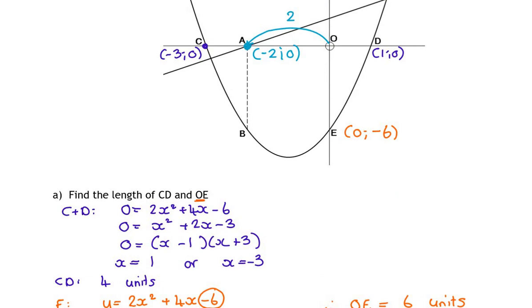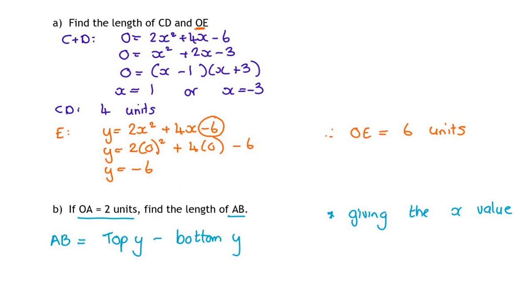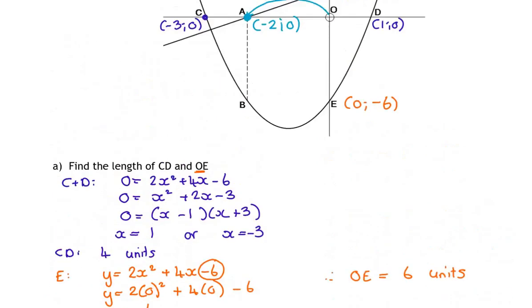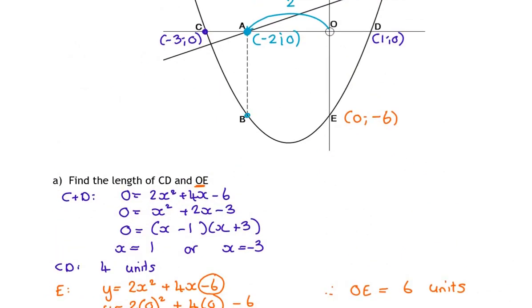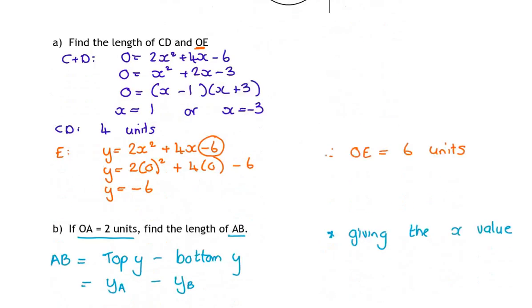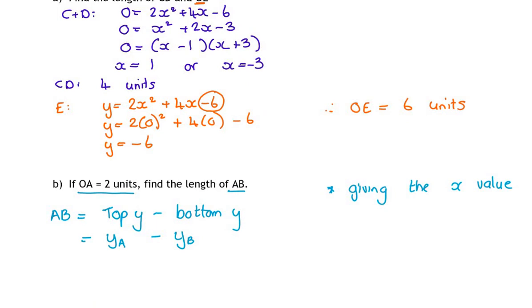A is on top, so it's the y value of A in this case, which is the y value of the straight line, minus, and the bottom y value is the y value of B, which in this case is the parabola. Now, if they've given you the value of x, and you know these equations, then you pretty much know the value of y, you just have to go and find it. So if you're given the value of x, then you can find the value of y just by substituting.